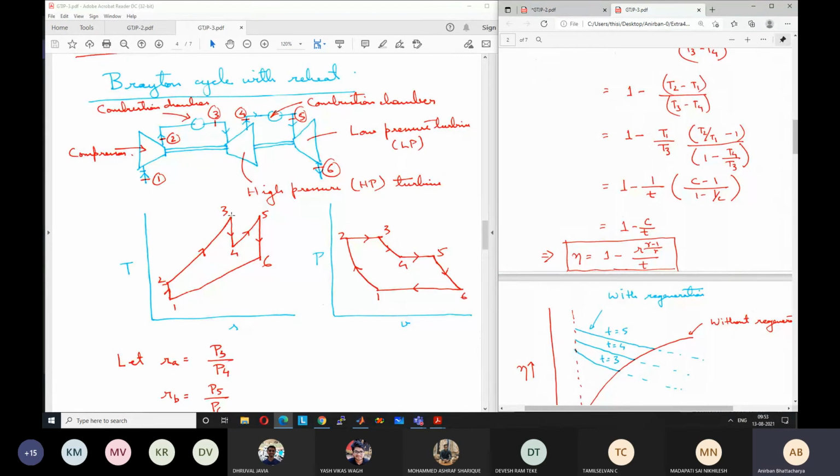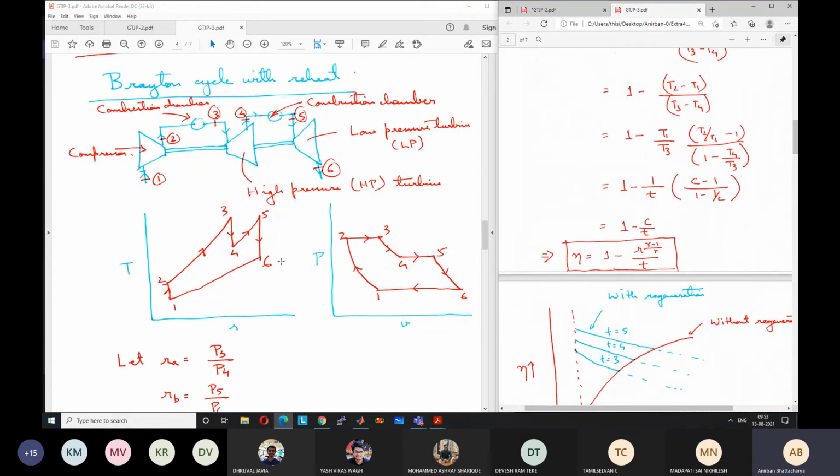So it goes from pressure P3, which is equal to P2, to some intermediate pressure P4, which is below P2 but higher than P1. It is intermediate between these two constant pressure lines. T2 to T3 is a constant pressure line, and T1 to T6 also is a constant pressure line.